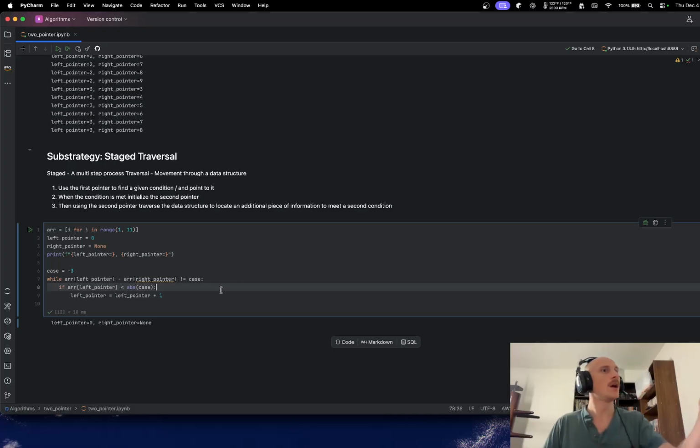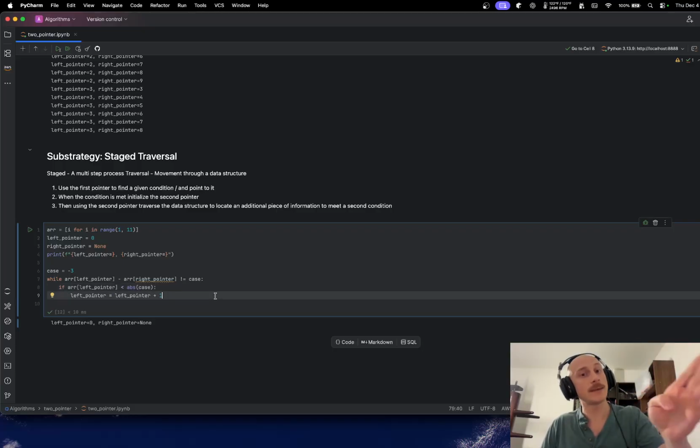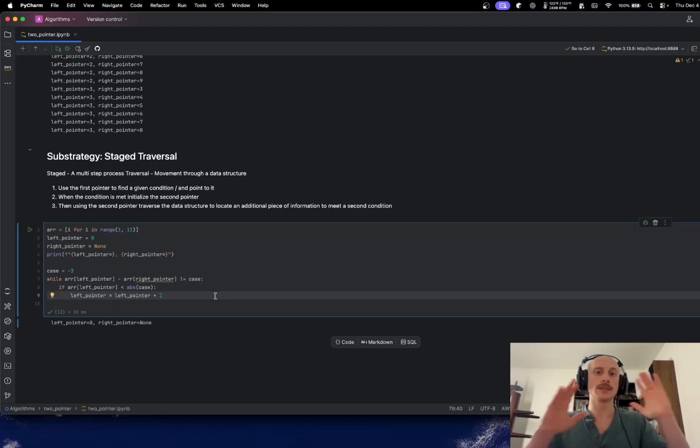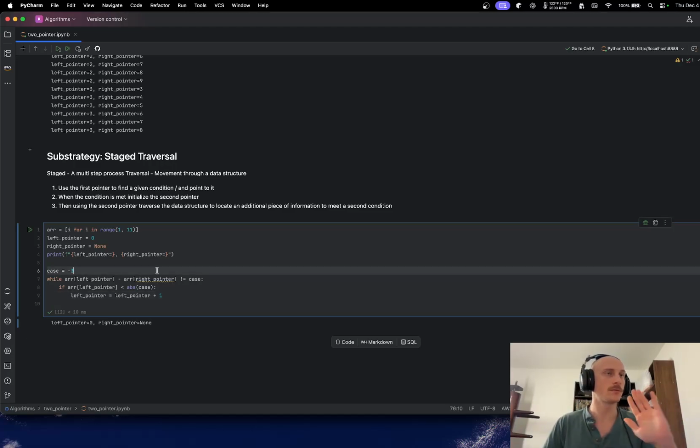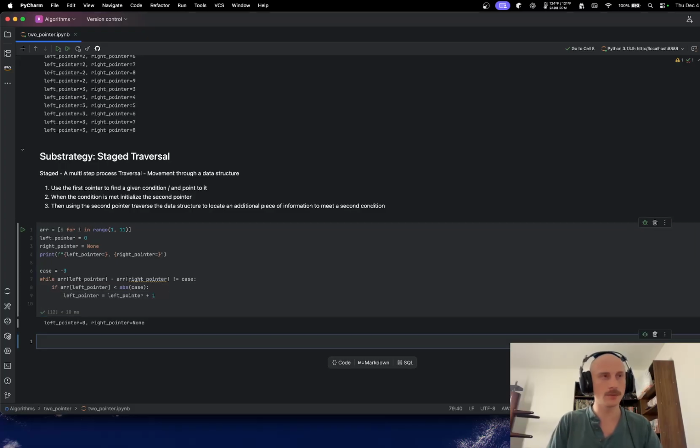Stick with the thing. All right, so if my left pointer is less than the absolute value of the case, absolute meaning that it does not matter what sign it is, it will be 3. And we can double check this real quick if we wanted to. Let's go ahead and open up another thing. We'll say, is -3 equal to the absolute value of -3?